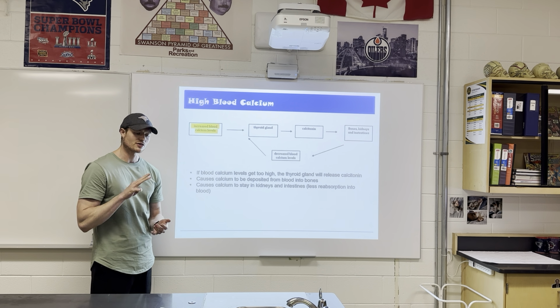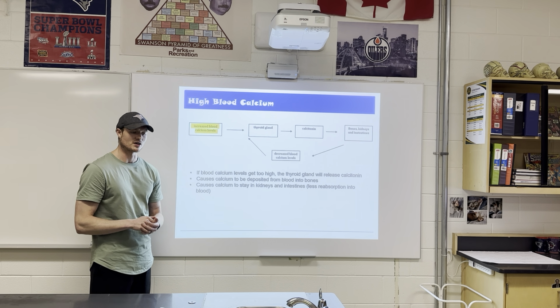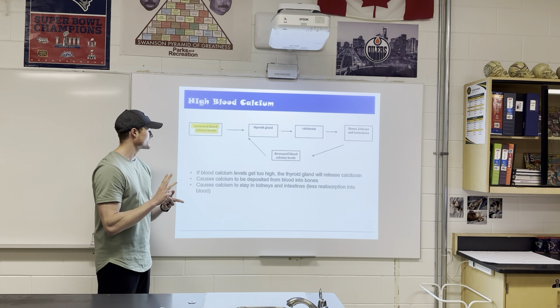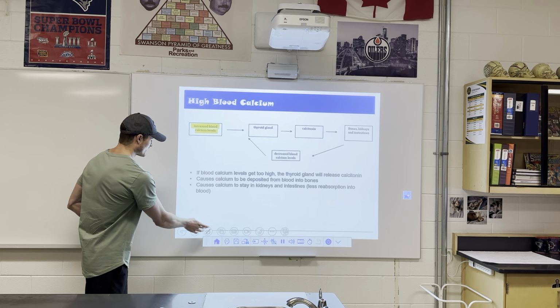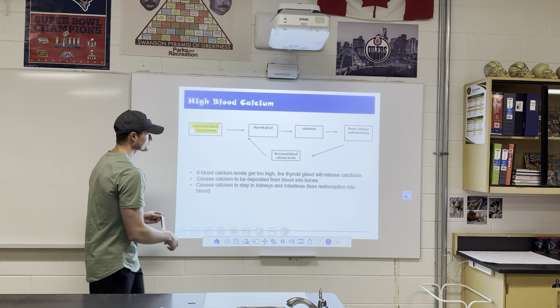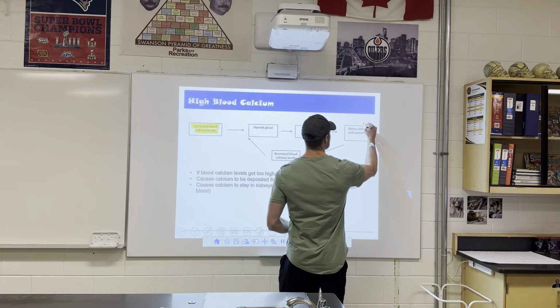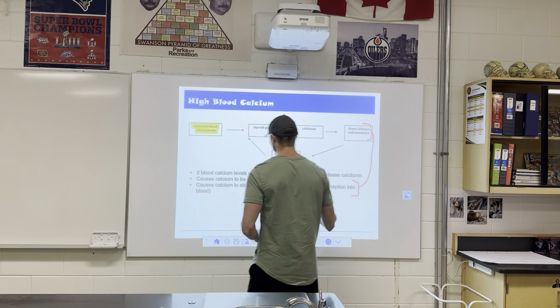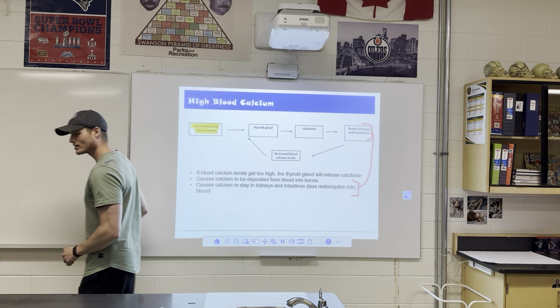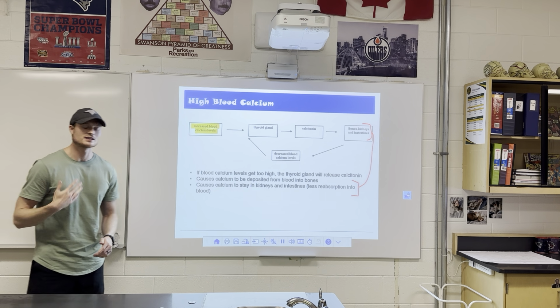Calcitonin is going to target three specific areas of the body: bones, kidneys, intestines. Now what the calcitonin is actually going to do is take the calcium out of your blood and put it into your bones, kidneys, and intestines.